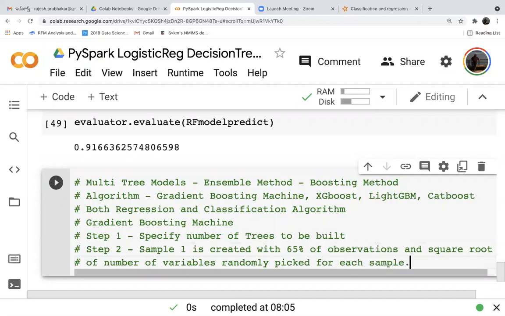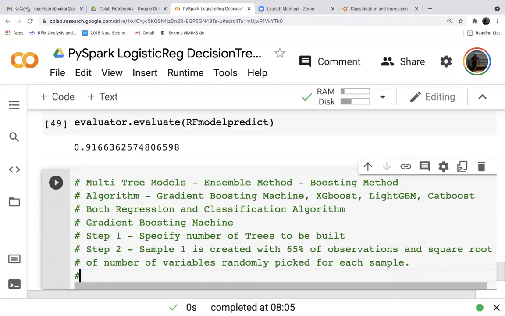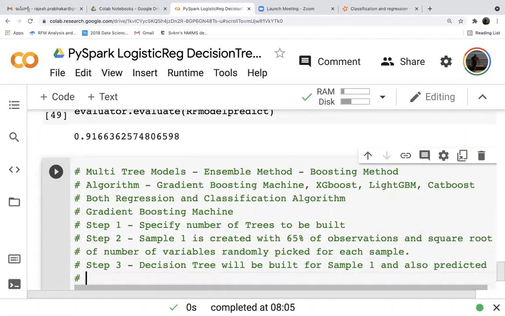Okay, so the sampling process is done. Step 3: a decision tree will be built for sample 1 and it will also predict for every observation.